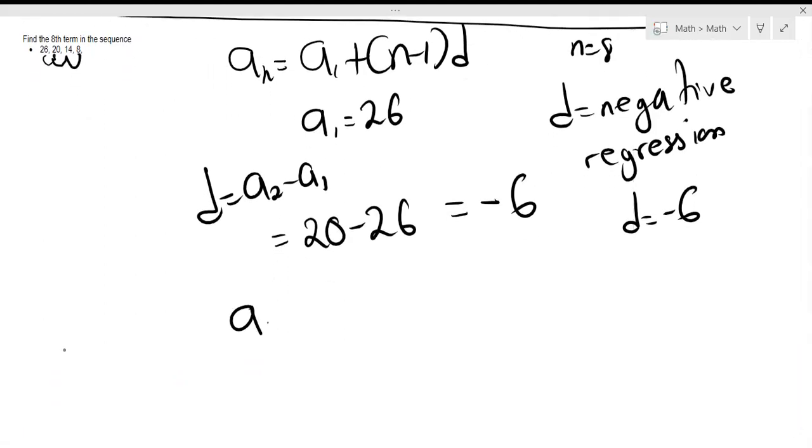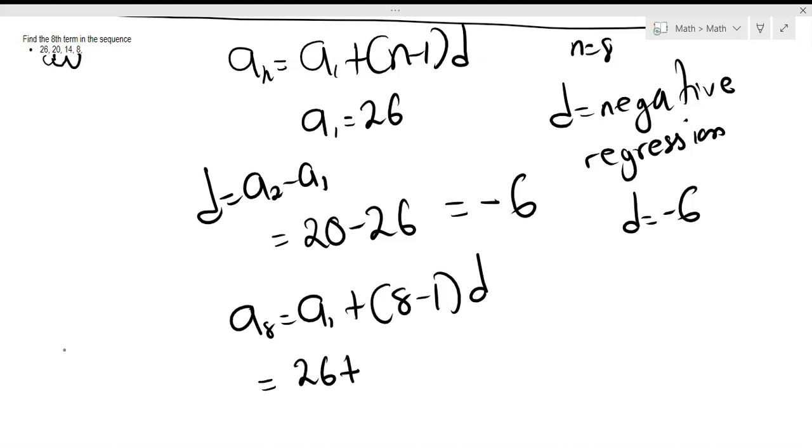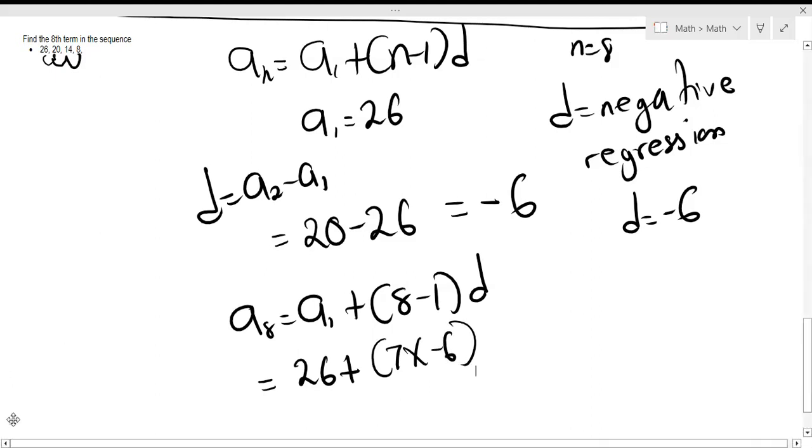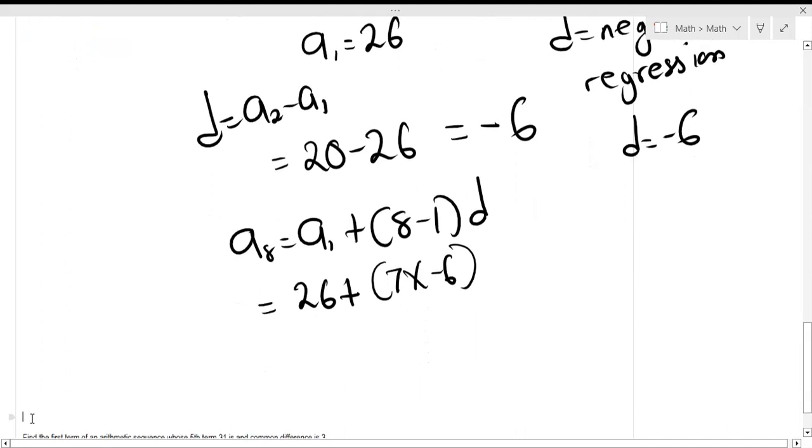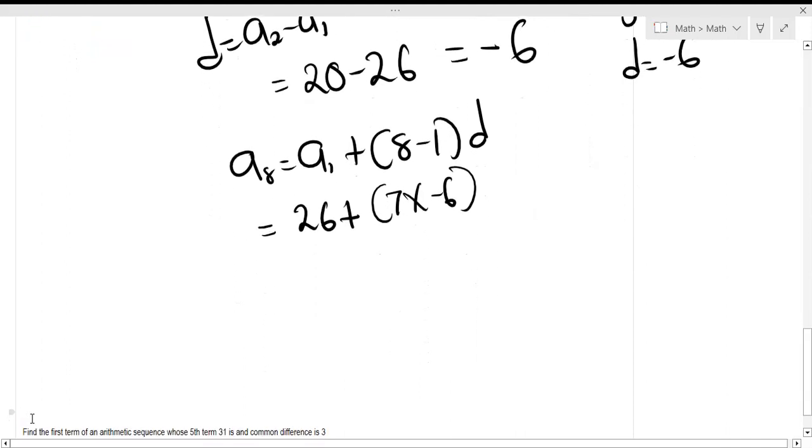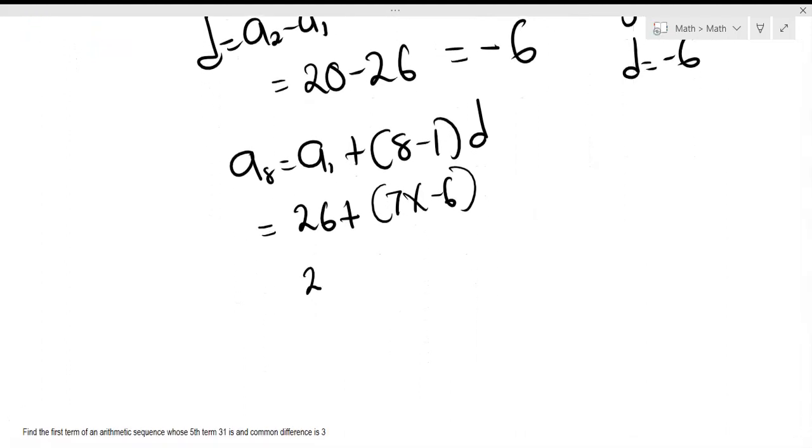So a8 will be equal to a1 plus 8 minus 1 d. What's our a1? a1 is 26, plus 8 minus 1, 7, times minus 6. Remember our d is negative. So we have 26, and 7 times minus 6 will be minus 42.